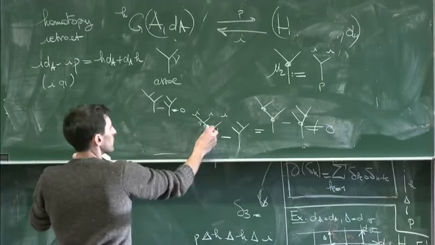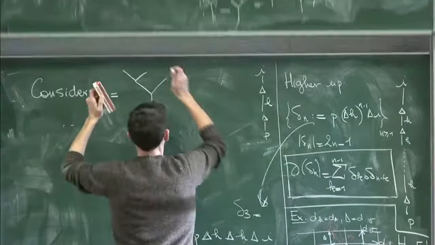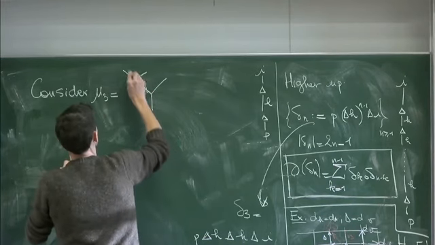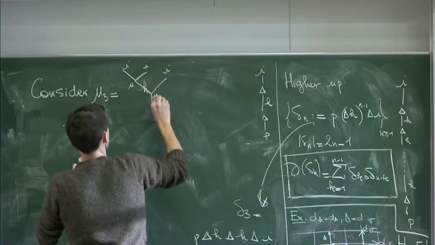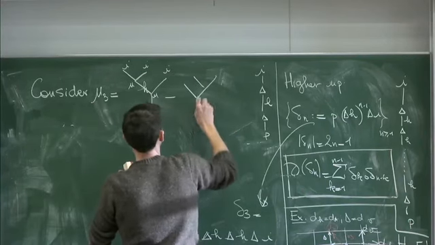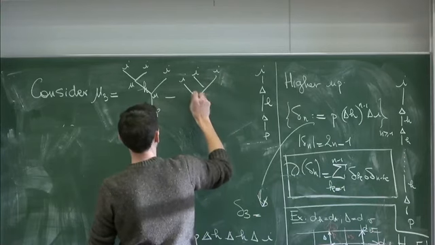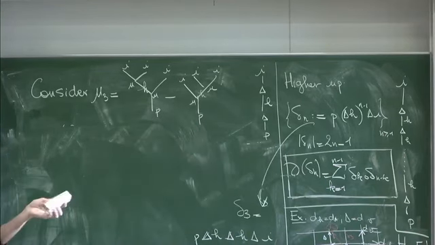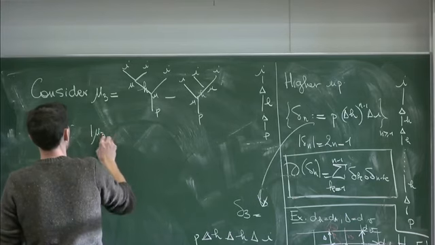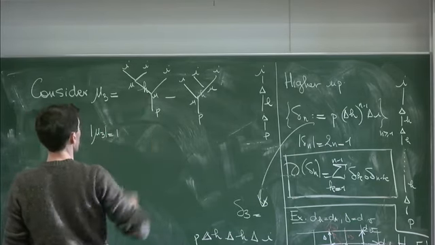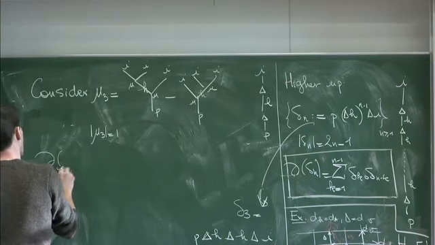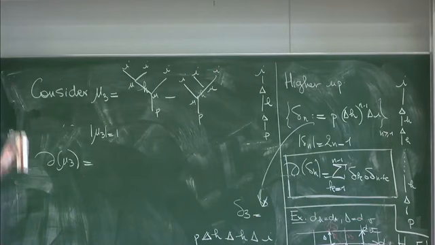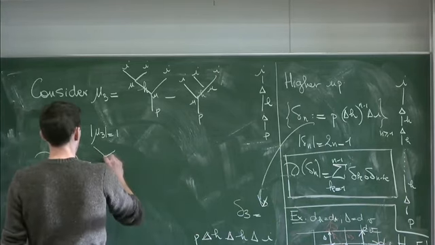I will take the same tree, but I will replace that by an H. Okay, why not? What's the degree of such a map? 1. I have one H, and all the other maps have degree 0. And then an easy computation, the same, shows you that the boundary of mu3 gives you exactly the associator of mu2.